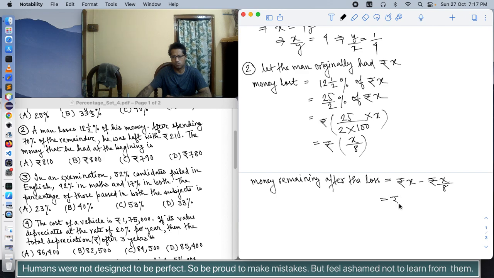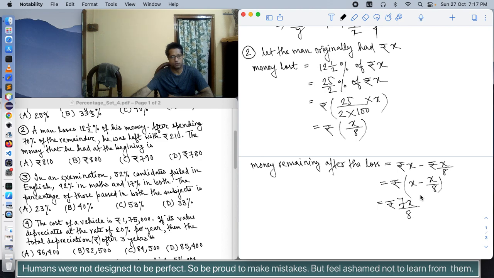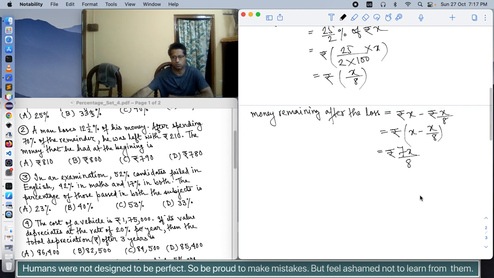This is equal to rupees X minus X by 8, which is 7X by 8. Rupees 7X by 8 is the money remaining after 12.5% of the money was lost. So this is the remainder that the question is talking about. So this implies money spent, that is 70% of the remainder was spent.